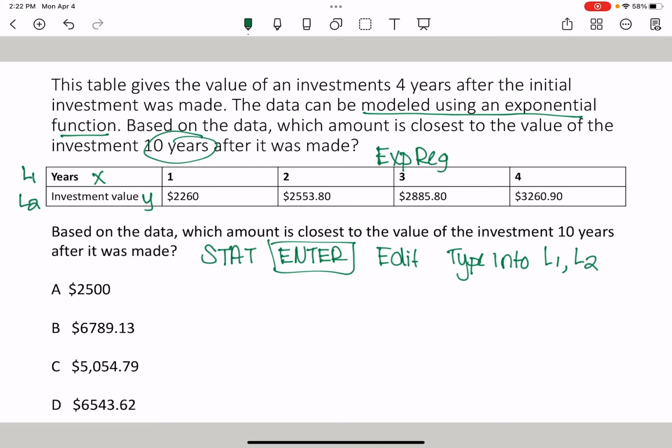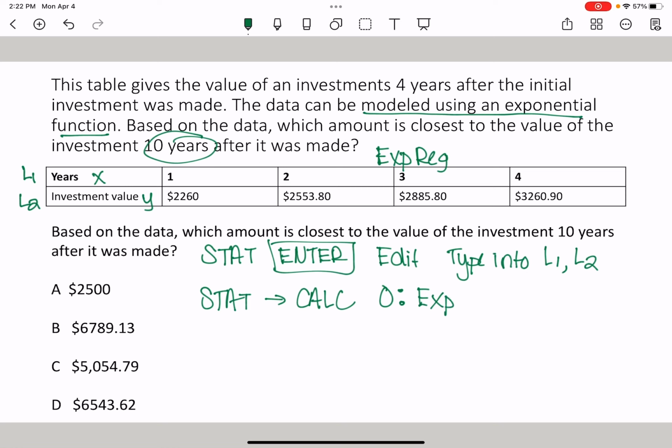Remember, you have to click Enter after each value to go to the next place in your table. Okay, so then once you've done that, double check your table of values and make sure that you've entered everything correctly.